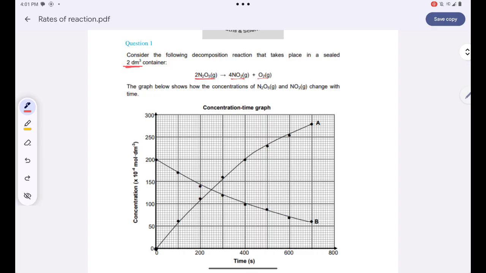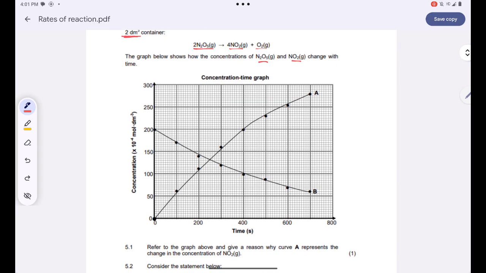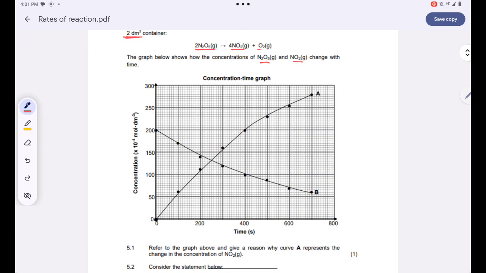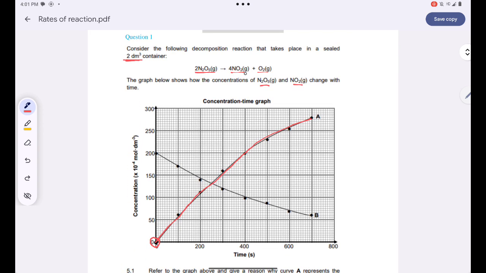Okay, and then we are told that the graph below shows how the concentration of nitrogen pentoxide and nitrogen dioxide change with time. We have two curves over here, curve A and curve B. Curve A will represent the products. Why? Because at the beginning of the reaction, the products were not formed yet, and hence the concentration of nitrogen dioxide will simply be 0 moles per cubic decimeter. Are you together?